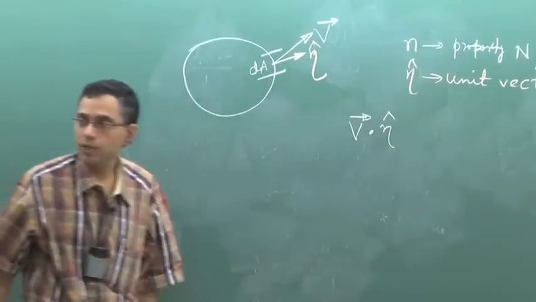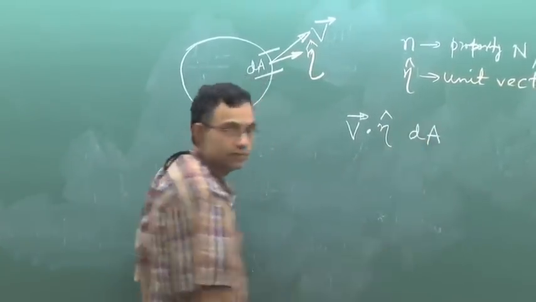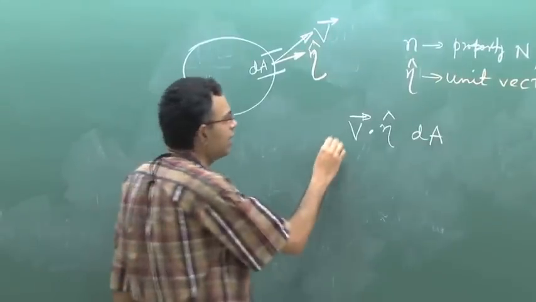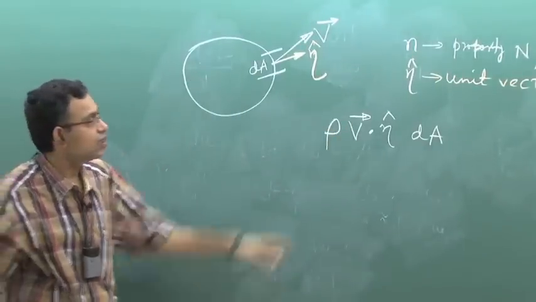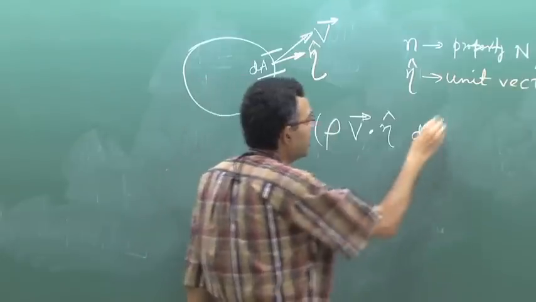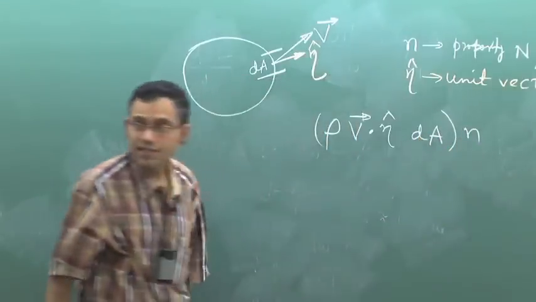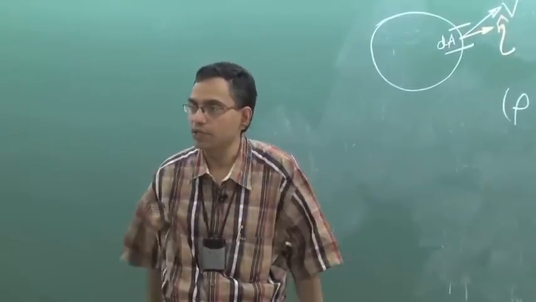This normal component of velocity times the area is the volume flow rate. This times the density rho is the mass flow rate, and small n is the property per unit mass. So, this times n is the total rate of the property flow across the outflow boundary.